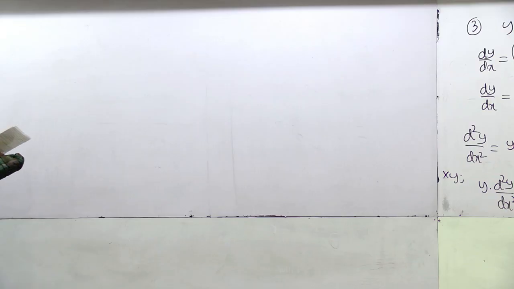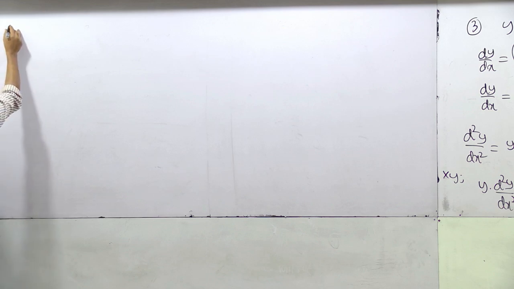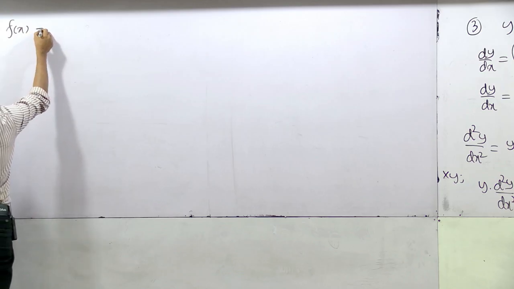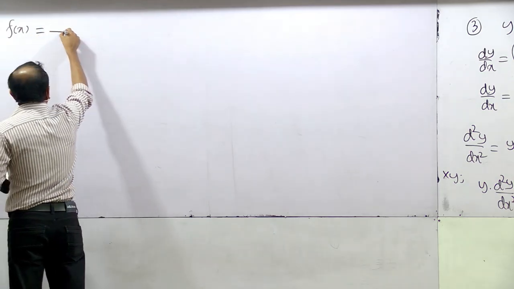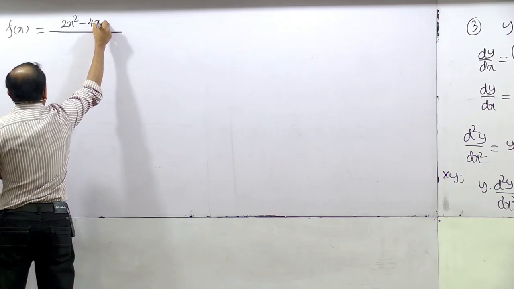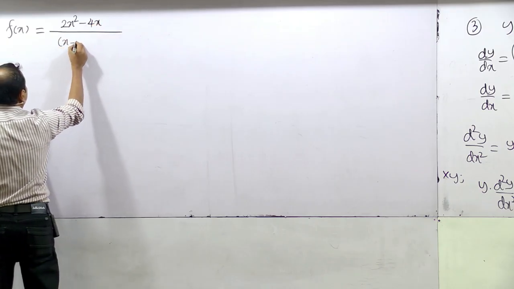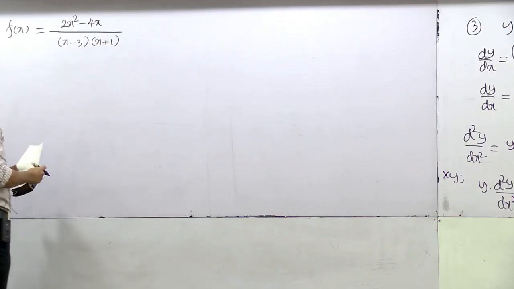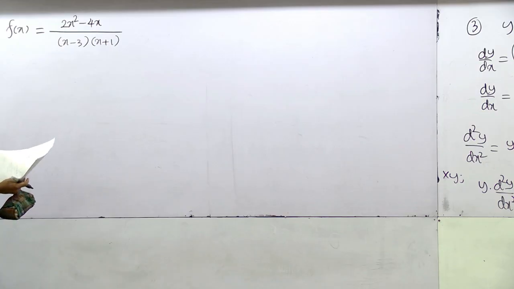Okay, f(x) we'll write: f(x) = (2x² − 4x)/((x − 3)(x + 1)).